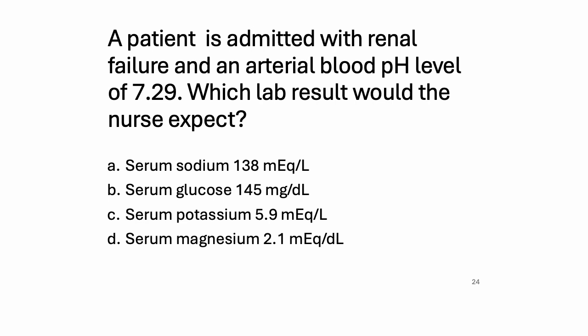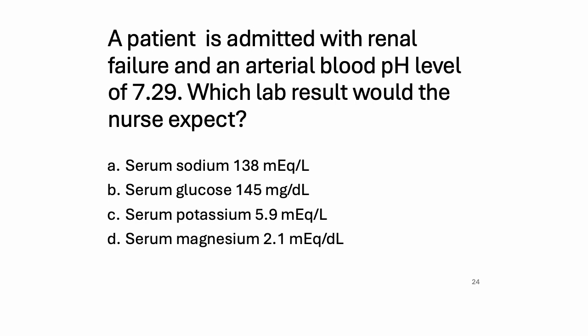Changes in pH affect potassium balance. In acidosis, hydrogen ions accumulate in the intracellular fluid, and then potassium shifts out of the cell to the extracellular fluid to maintain a balance of cations across the cell membrane. So acidosis is associated with hyperkalemia, a serum potassium level above 5.0 milliequivalents per liter.